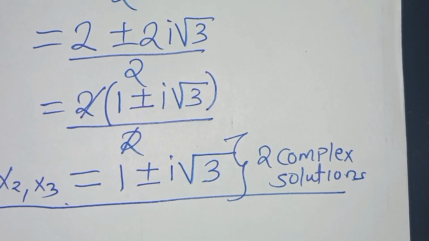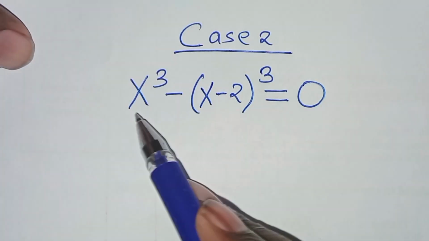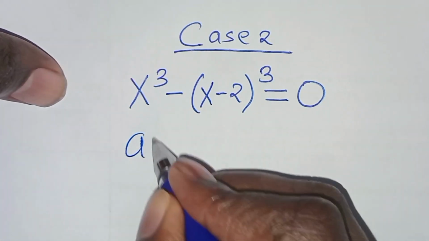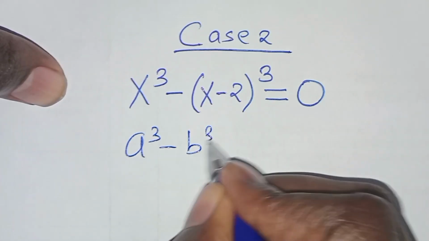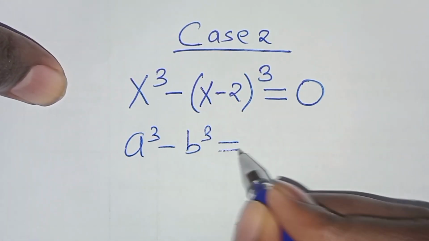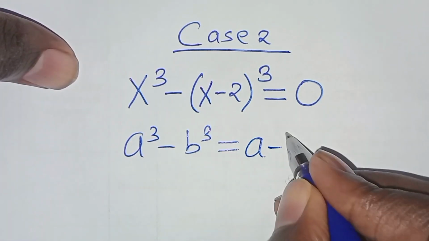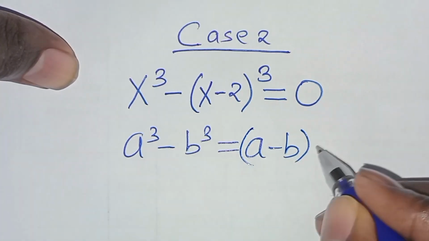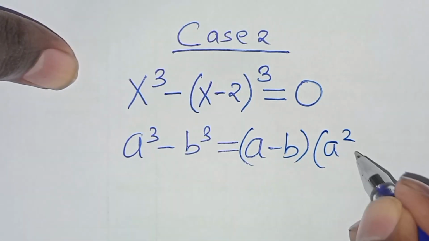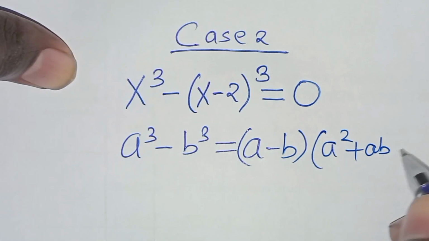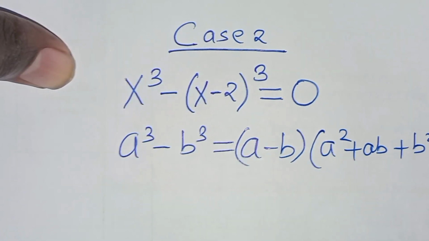Let's proceed to case 2. This equation is in the form of a to power 3 minus b to power 3, which is the difference of two cubes, which you can express as a minus b, then here we have a squared plus a times b, then plus b squared.